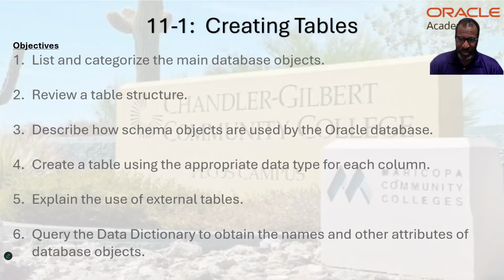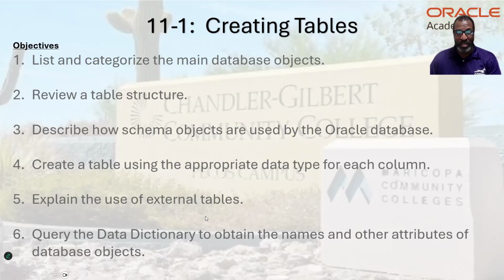Describe how schema objects are used by the Oracle database. Schema objects, basically, for our purposes, are those tables and other types of objects, but primarily the tables. Create a table using the appropriate data type for each column. Explain the use of external tables. Now, objective number 5 is not so prevalent anymore, but you need to know how to access external tables.